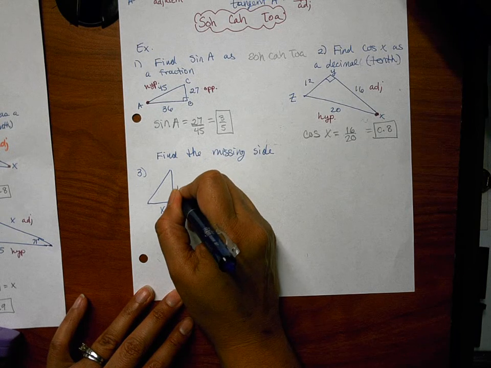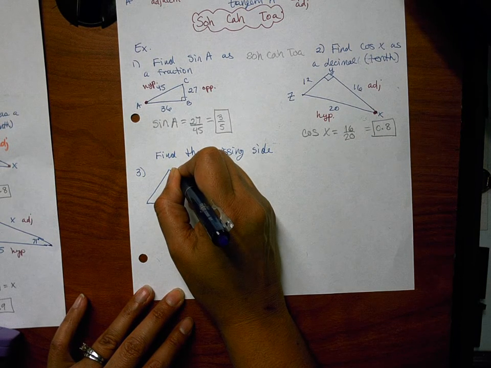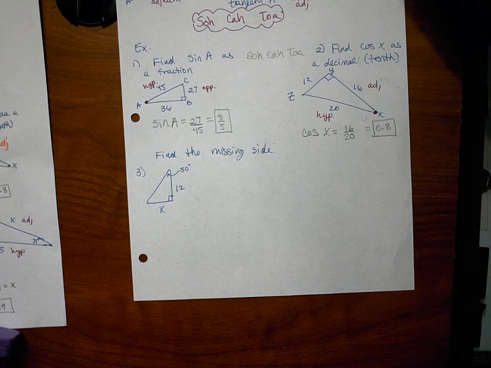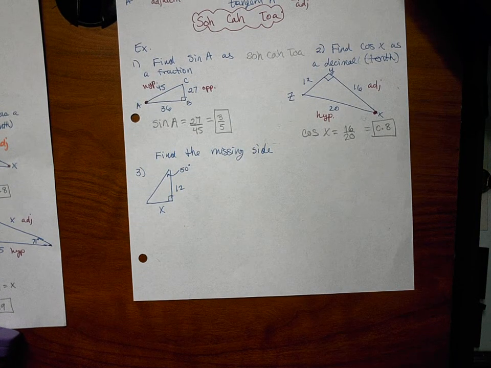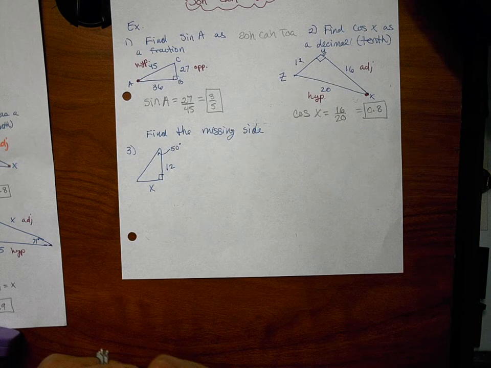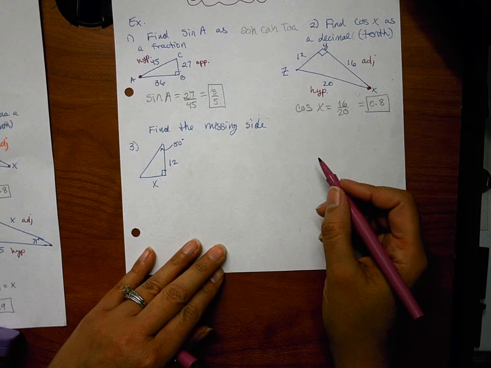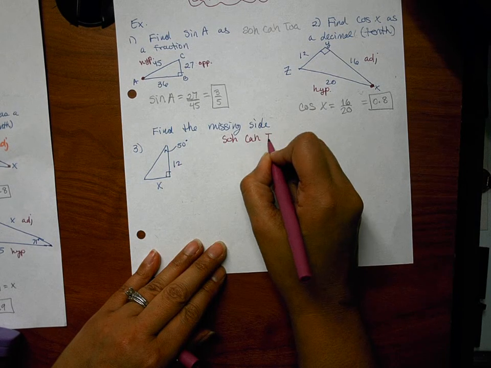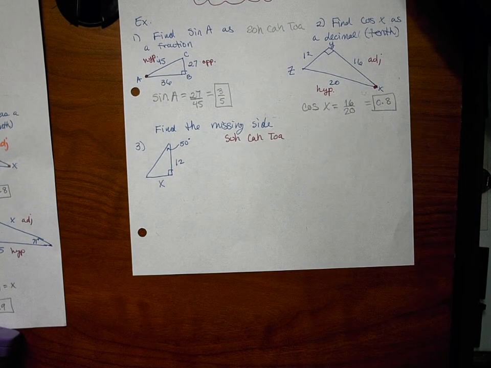Okay, that's x, that's 12. This angle right in there is 50 degrees, and that there is enough information to find the missing side x. All right, I'm going to rewrite the SOHCAHTOA, and here's what you do.